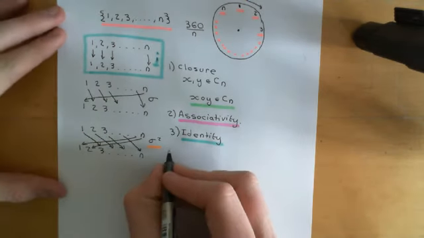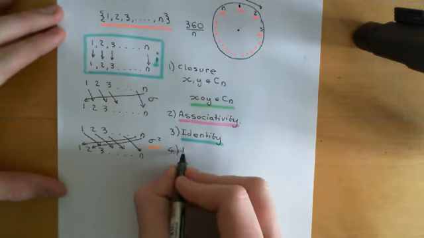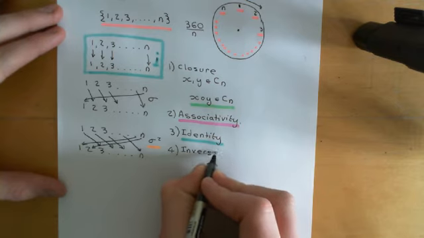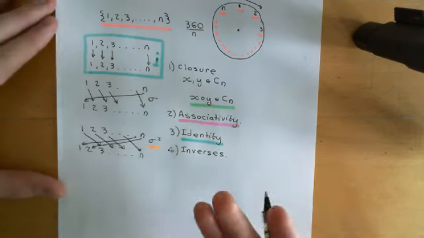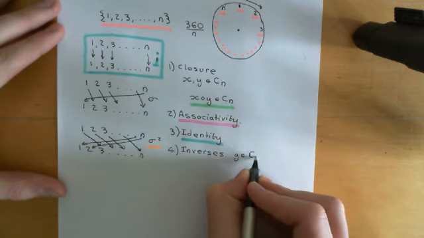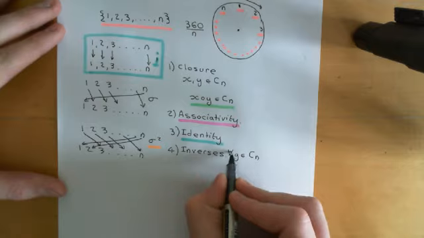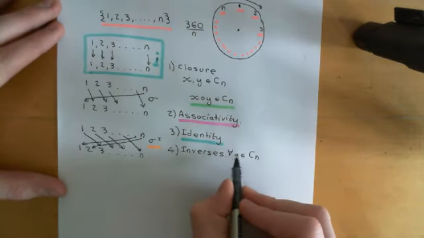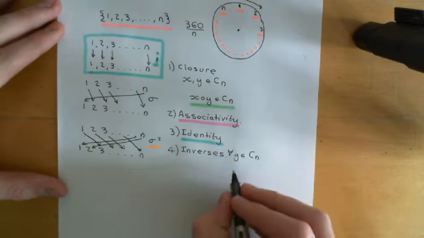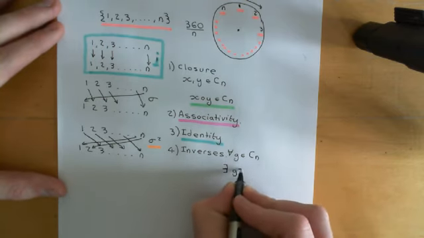Okay, so we do have an identity, and fourth and finally, the final axiom of group theory is that we need inverses. Basically, for any element of the group, for all little g that is an element of C_n, we need there to be another element, g inverse.